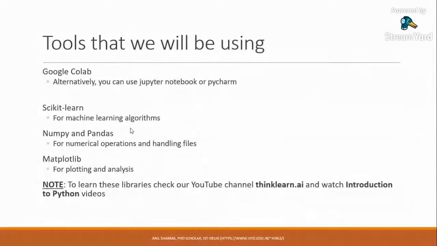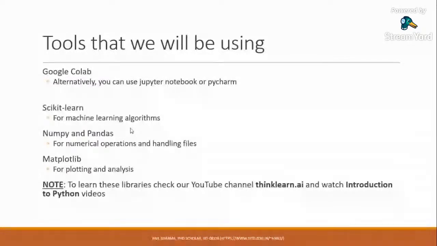The tool that we will be using in this lecture is Google Colab. I also discussed it in detail last week. Alternatively, if you are familiar with Python and coding on your own machine, you can use Jupyter Notebook or PyCharm, which is also highly convenient. Along with Google Colab, we will be using some Python libraries like Scikit-learn, which we will use for machine learning algorithms and also for computing some evaluation and performance metrics.